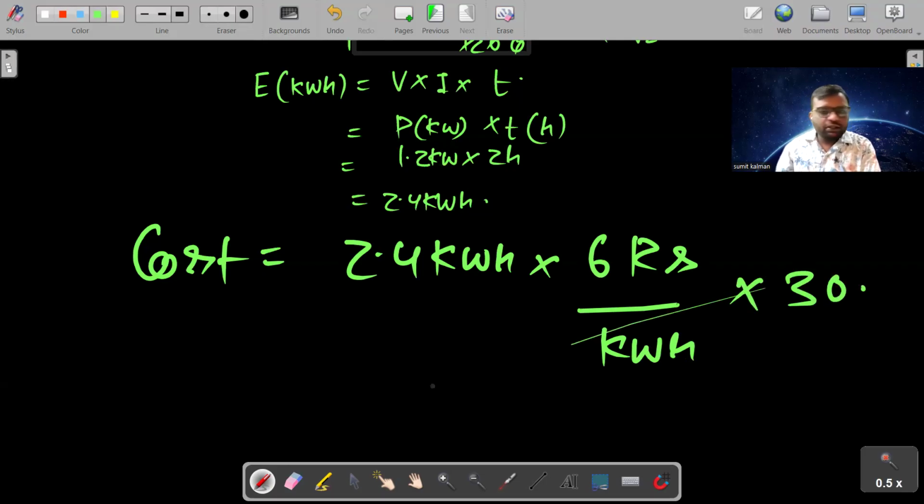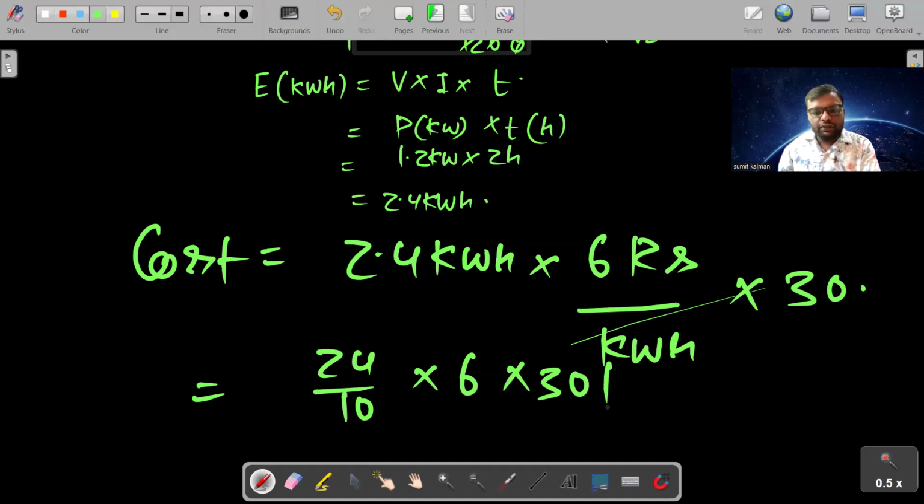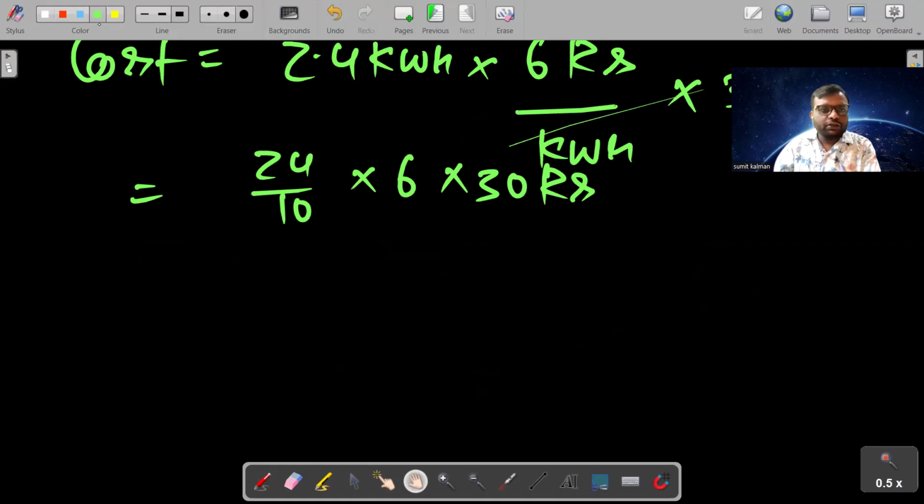If you simplify this, 24 upon 10 into 6 into 30 rupees. Kilowatt hour and kilowatt hour will cancel out. So here, students, you will get 144 into 30 by 10.